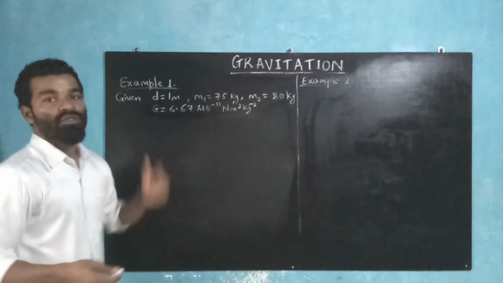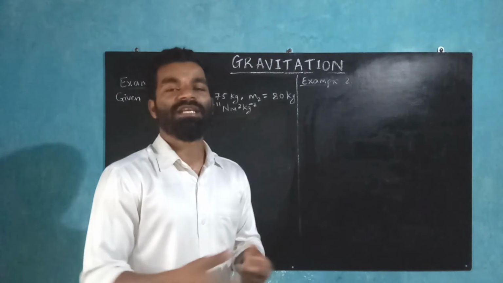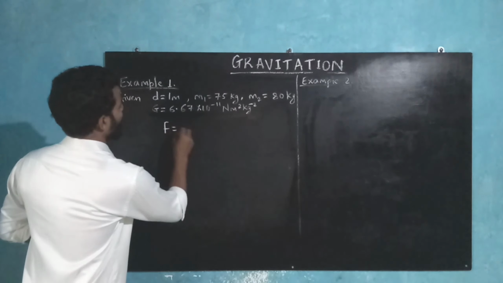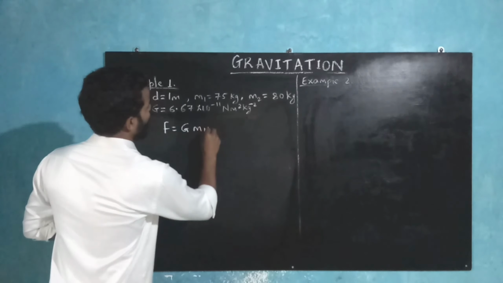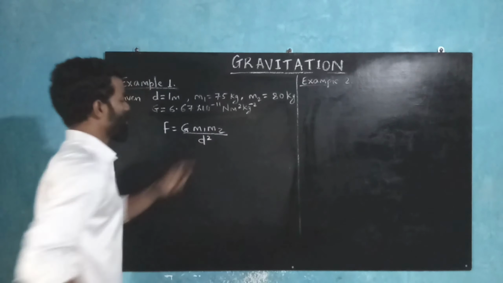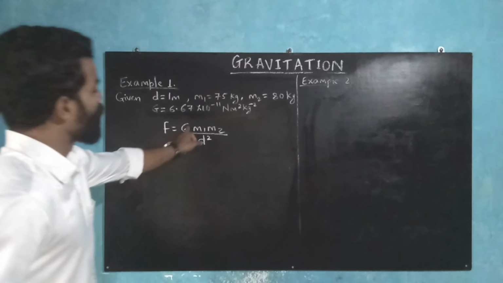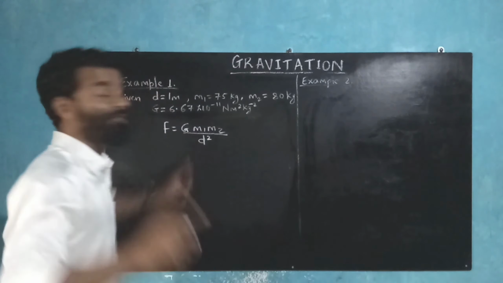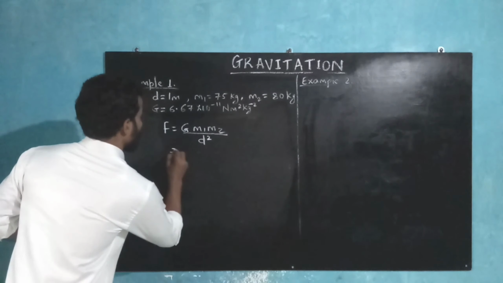So let's solve it. We have to take the formula for the gravitational force between two objects, which is F equal to capital G m1 m2 divided by d square. You can also take it as small r square. So you have to learn this formula well. Next, substitute the values.